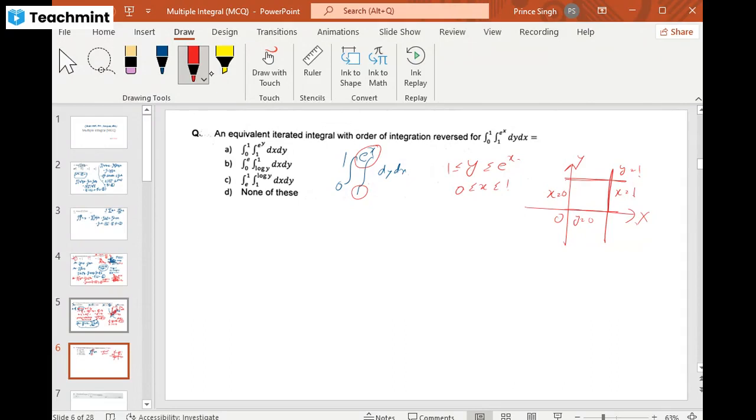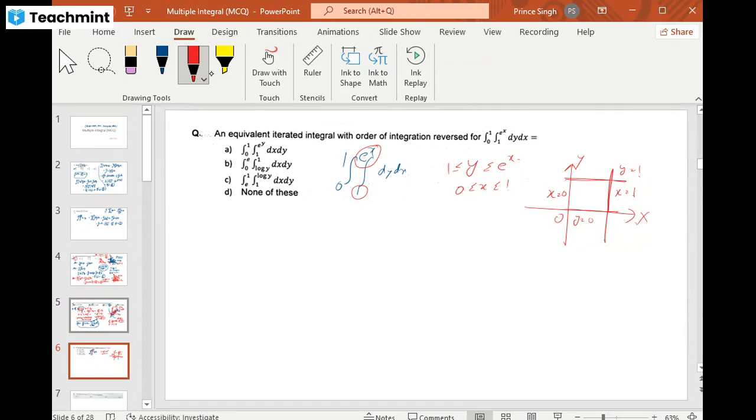And y equal to e power x passes through the point where, when x equal to 0, the value is 1, and at x equal to 1 the value is e.